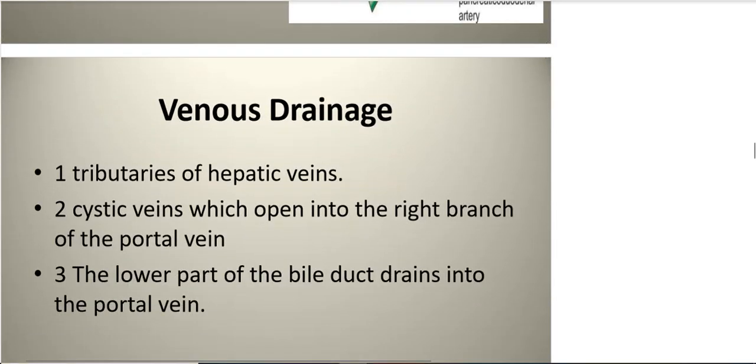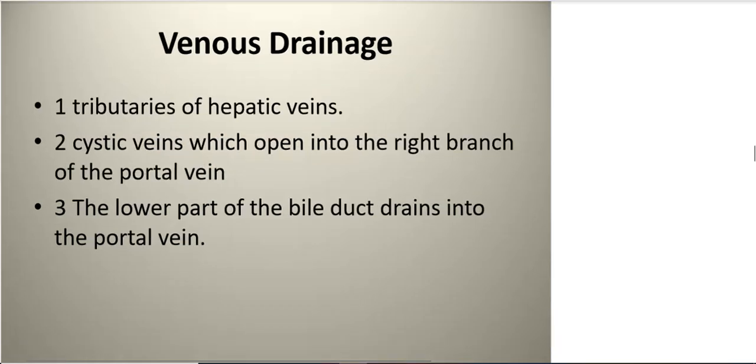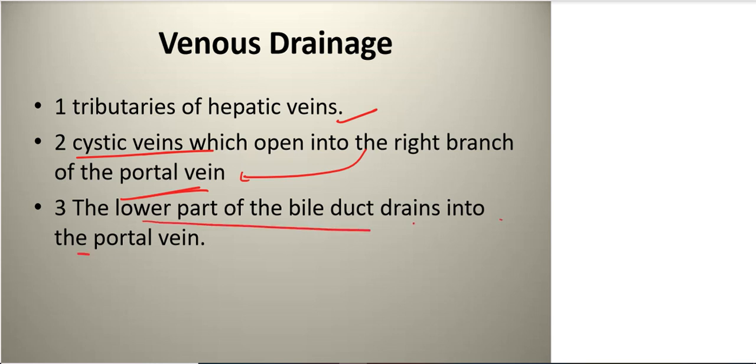Let's see venous drainage. The tributaries of hepatic veins and cystic veins finally open into the portal vein, and the lower part of the bile ducts drains into the portal vein. There are three veins: hepatic, cystic, and portal veins.